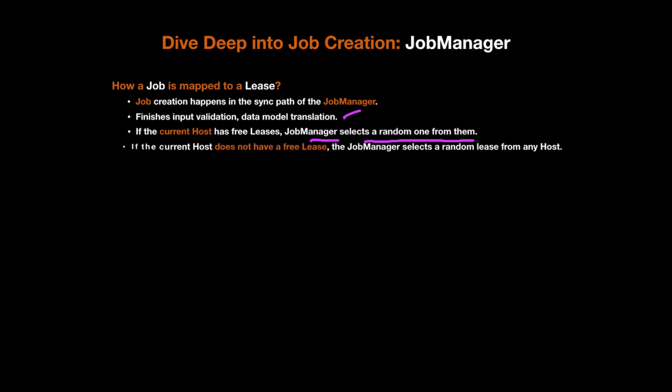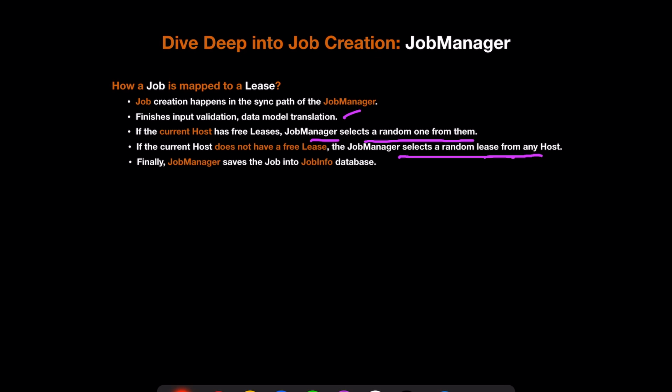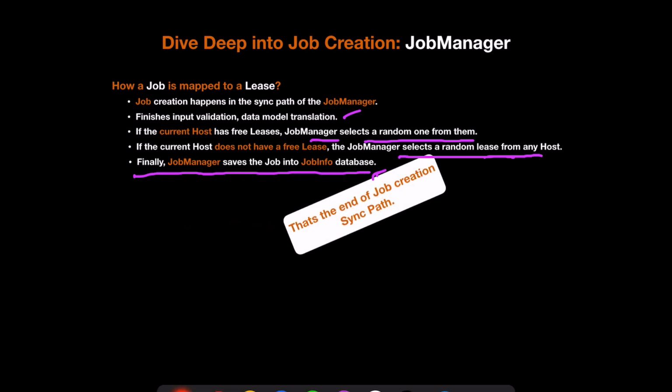If the current host does not have any free leases, the job manager selects a random lease from any available host. After creating the job and assigning a lease ID to it, finally the job manager saves the job into the job info database. Technically this is the end of the job creation sync path.